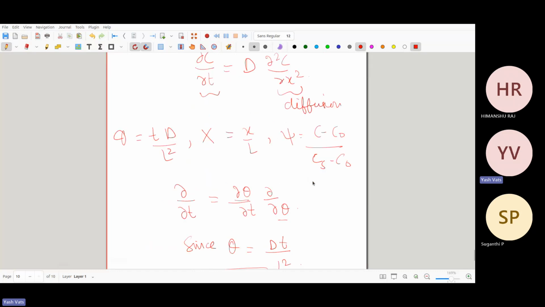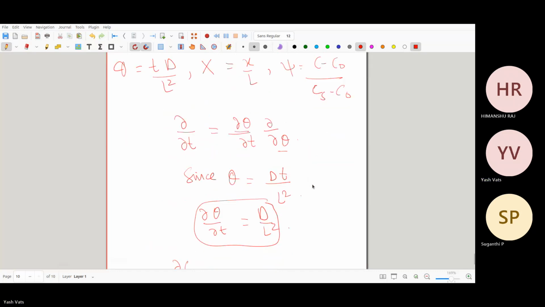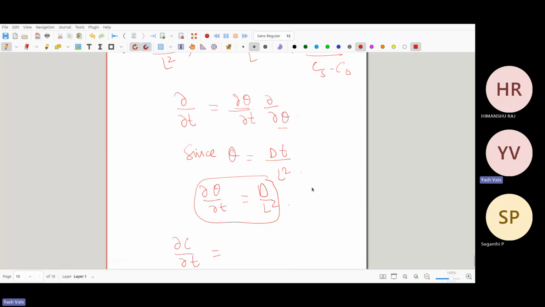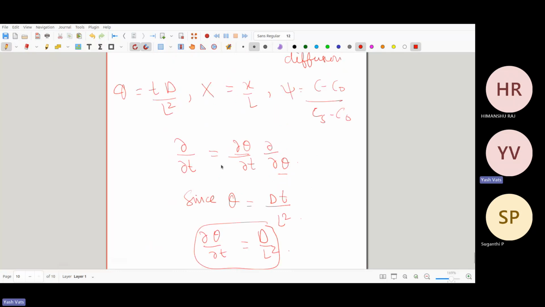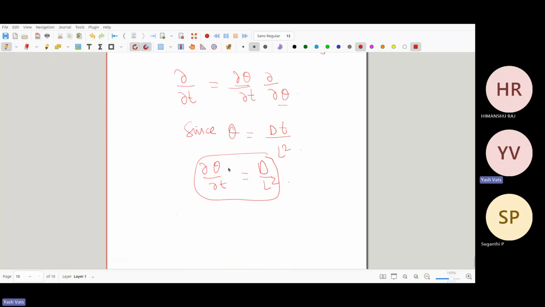Okay, psi is this. Let me see. So here we are getting something different. Okay, let me try to see. I just go normally. So you can find the c from there. So c minus c naught is cs minus c naught times psi, right?